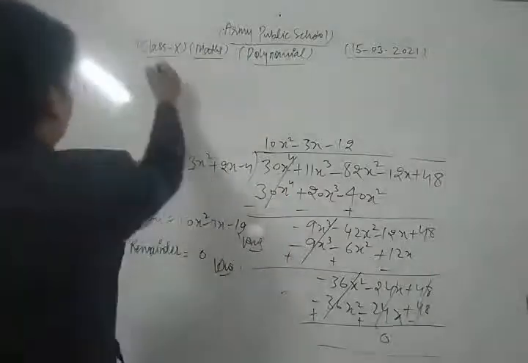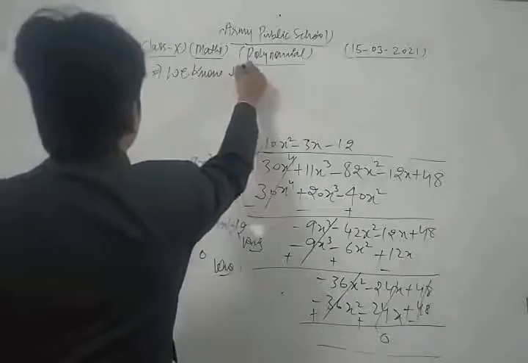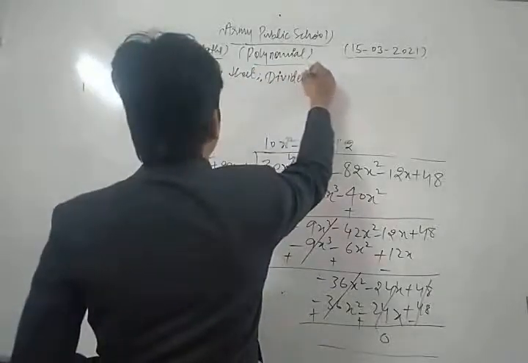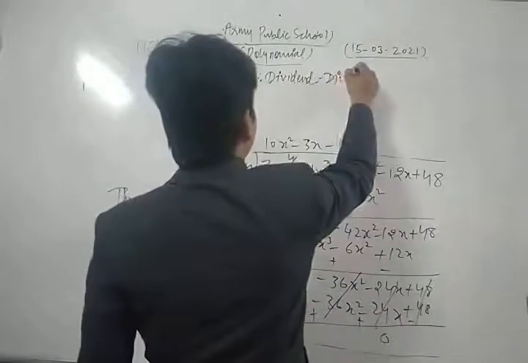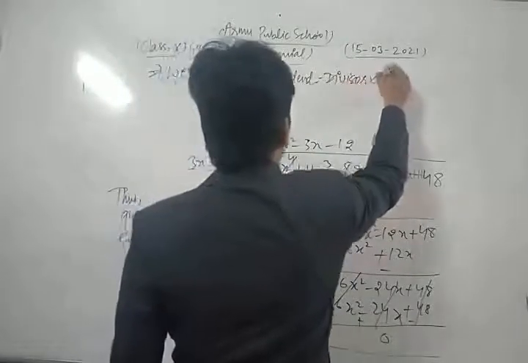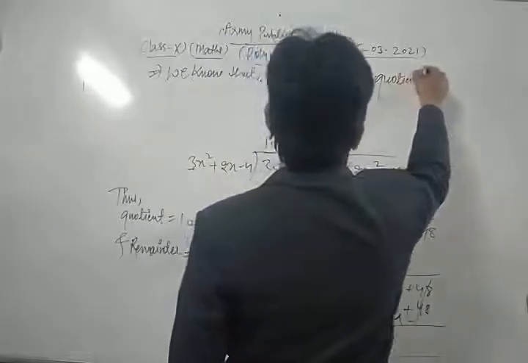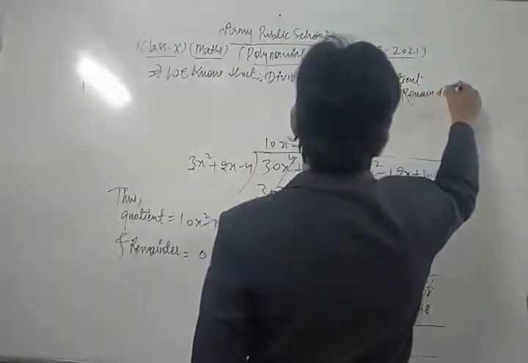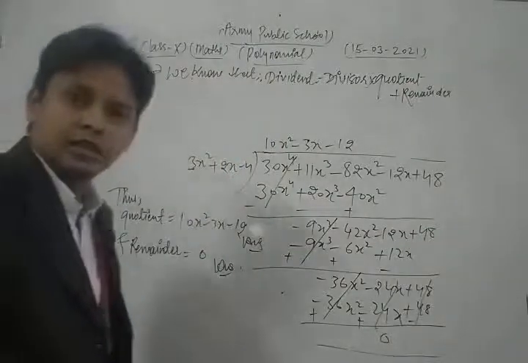Dear students, we know that dividend is equal to divisor into quotient plus remainder. Divisor into quotient plus remainder.